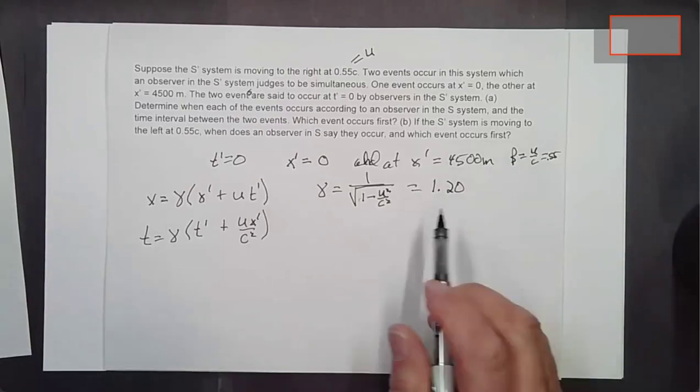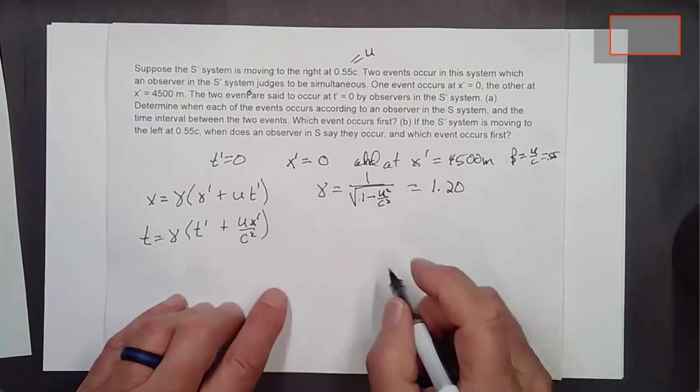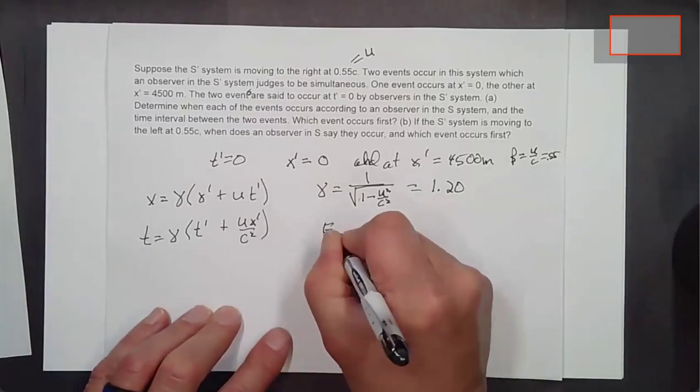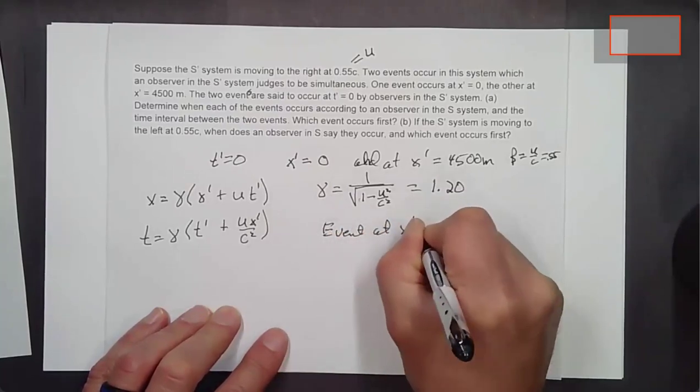Okay, well, let's see. Let's pick the one at x prime equals 0.